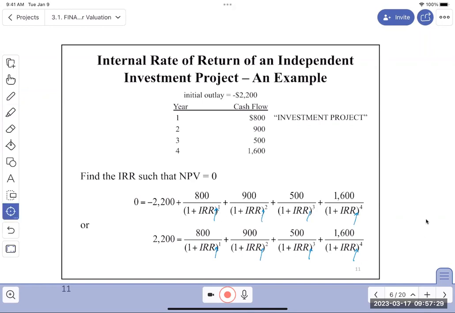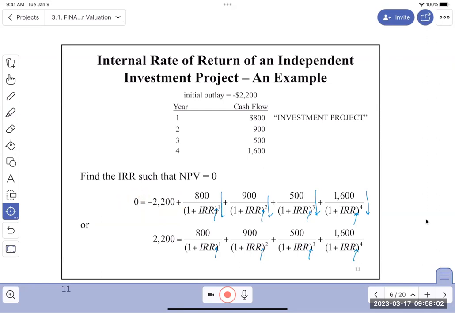As the number that goes in here goes up, it makes the denominator bigger and makes the overall number smaller. So there's a pattern here, because as the discount rate that I put in here increases, I'm less able to offset the negative 2200 to make this 0.